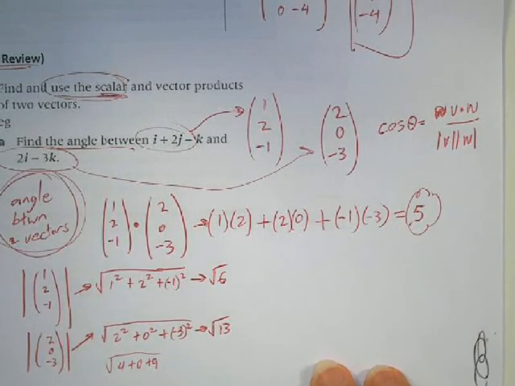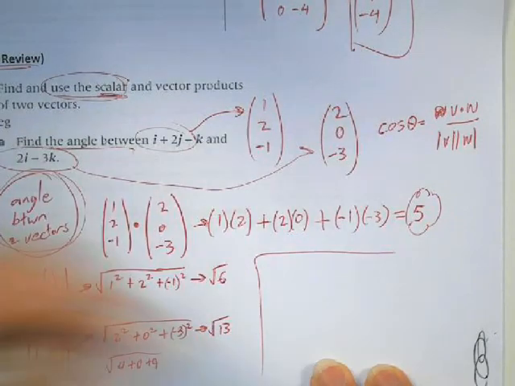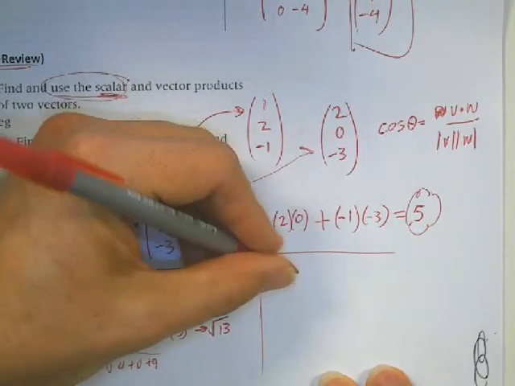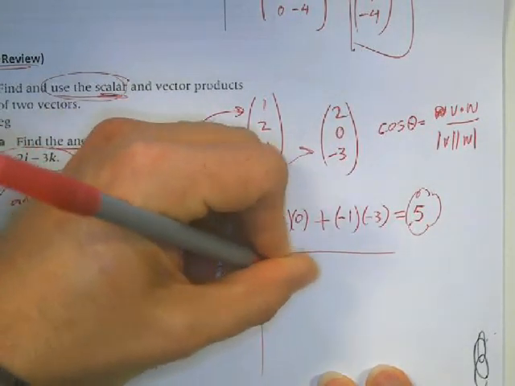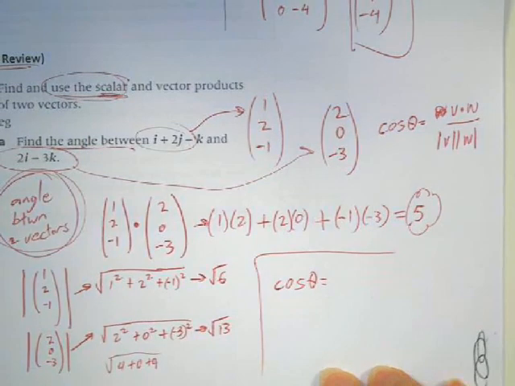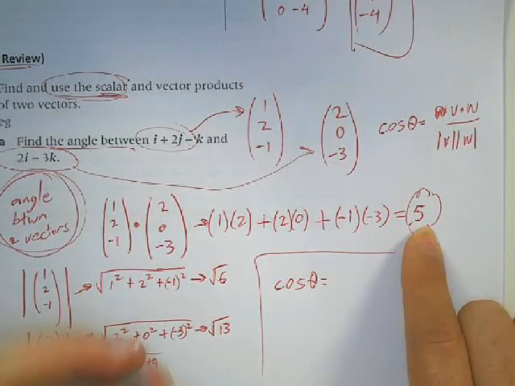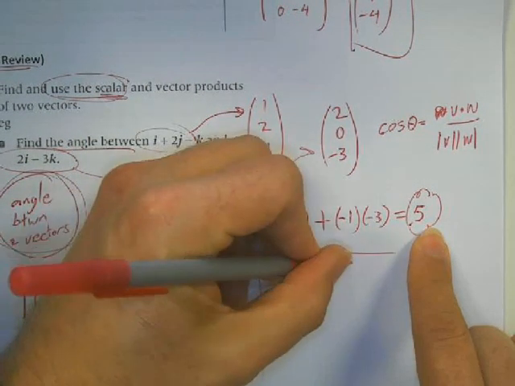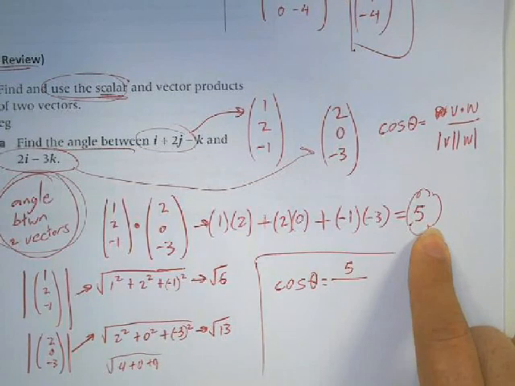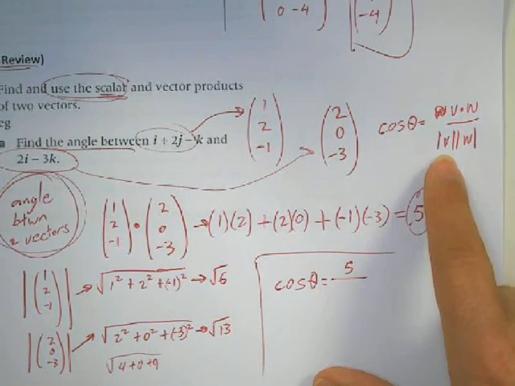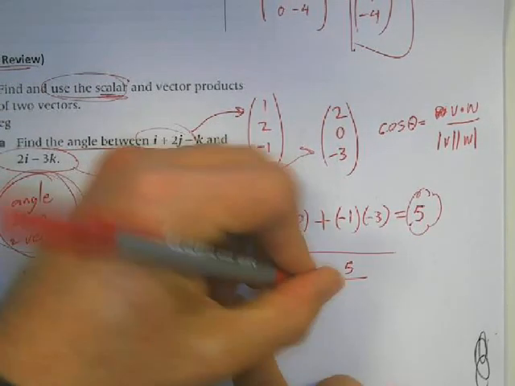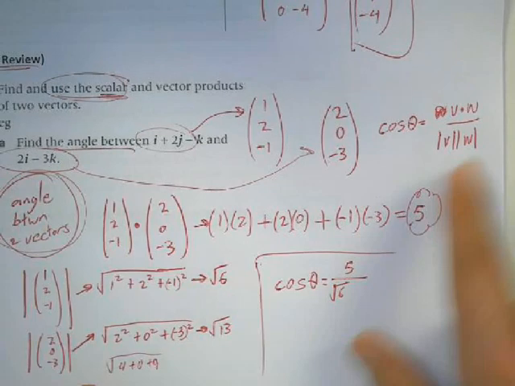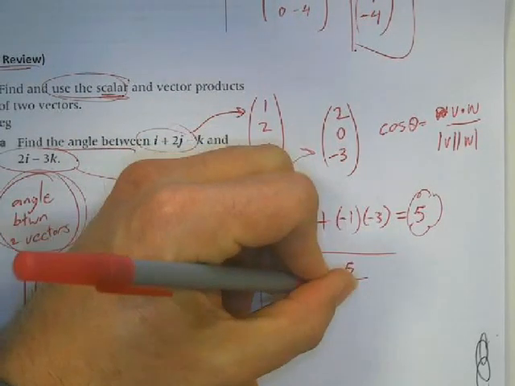So now to find our angle, I'm going to write cosine theta equals our scalar product, which is 5, over the magnitude of v, which is square root of 6, and the magnitude of w, the other vector, which is square root of 13.